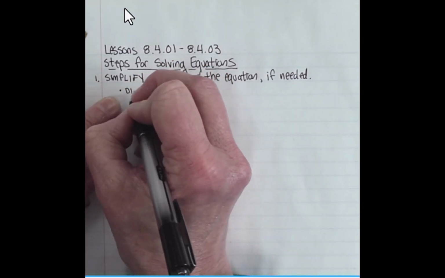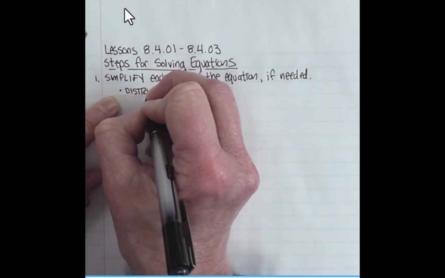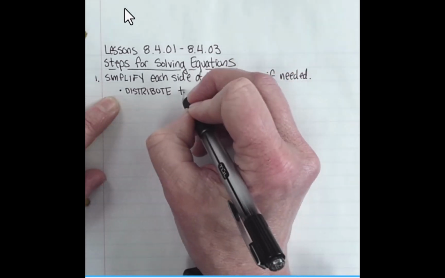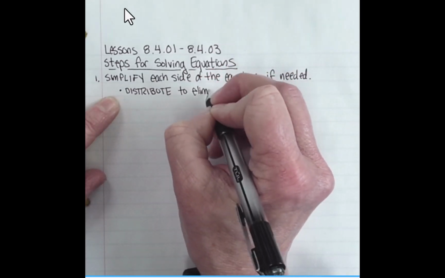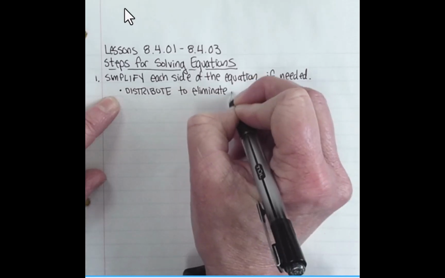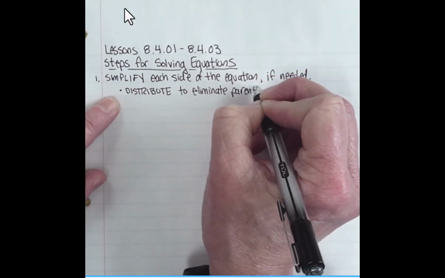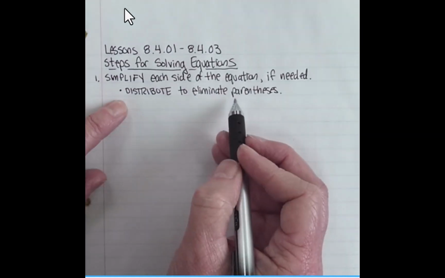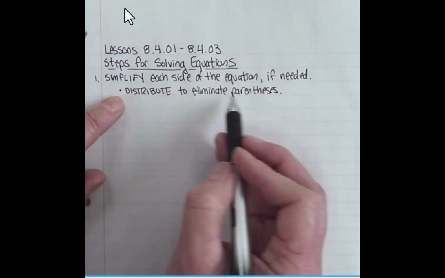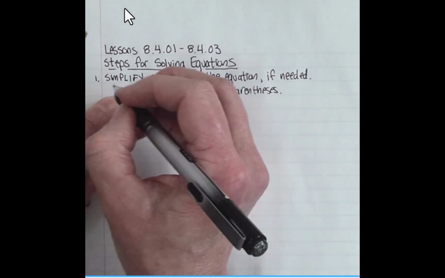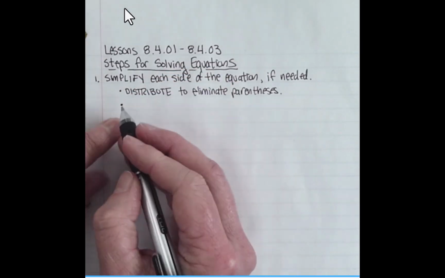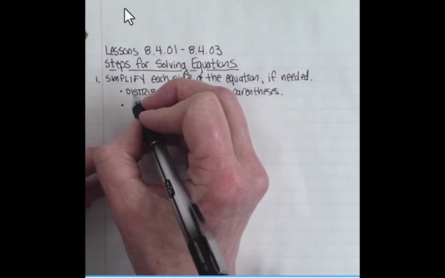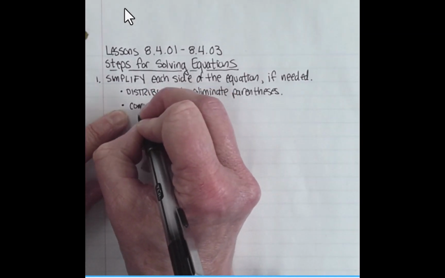I'm going to write: distribute to eliminate parentheses. Sometimes an equation doesn't have parentheses, so clearly you wouldn't do that. But if that'll help us to simplify the equation, we do that. And the other thing is we look at the terms and see if we can combine any like terms. Combine like terms.